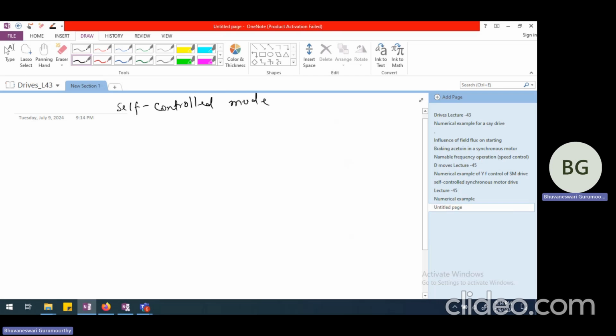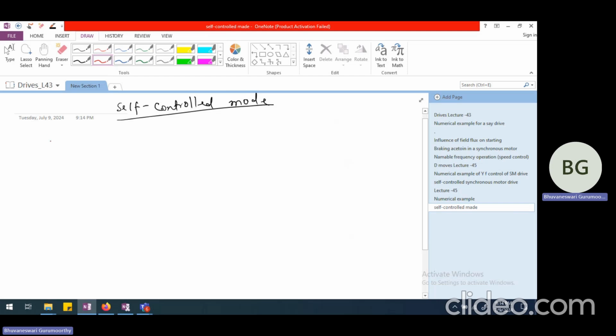The self-controlled mode of operation for the synchronous motor drive essentially is used in many of the applications where the motor's rating is very large, and even a small amount of oscillation or vibration is going to play havoc in the system.